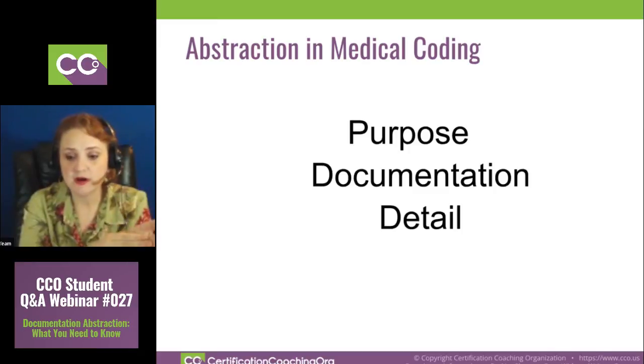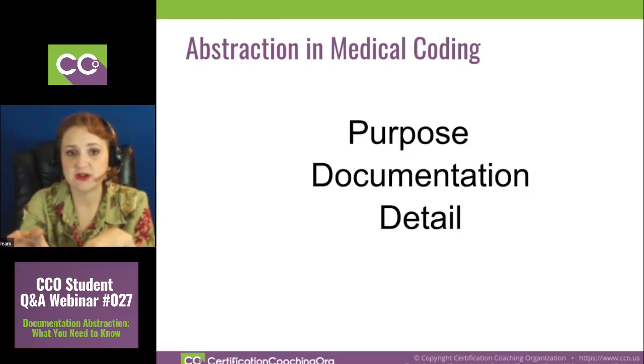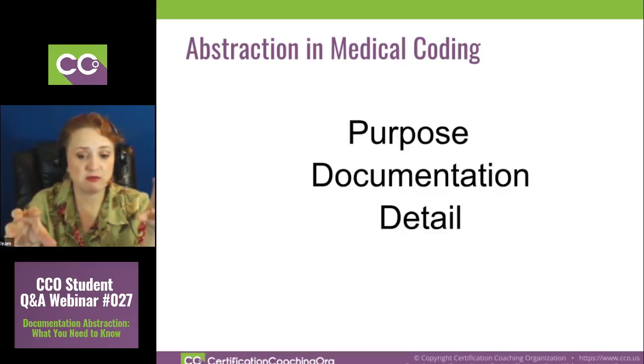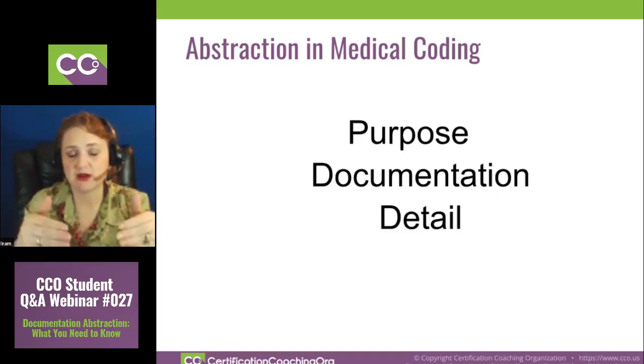Or are we doing risk adjustment? Because a risk adjustment coder abstracts different content than an auditor or a facility or a pro-fee coder. Home health coders code for different reasons. And so when you look at it from the viewpoint of risk adjustment versus a coder that is coding for a pediatrician, that information we're not going to abstract.